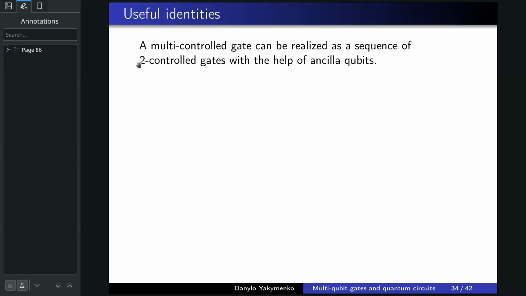Now, what if we have a situation with a multiply controlled gate? A multiply controlled gate can be realized as some sequence of two controlled gates with the help of some additional so-called ancillary qubits.